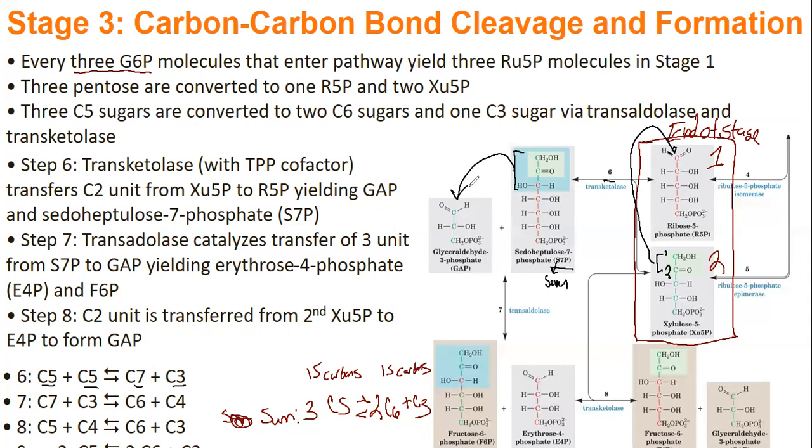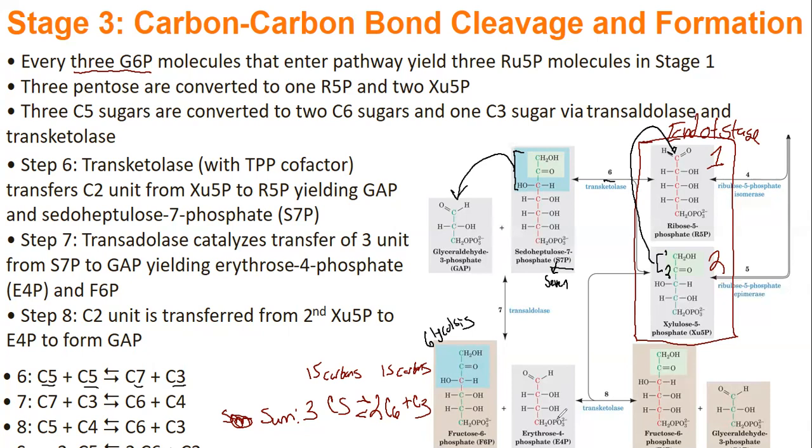When we do that, we make our friend fructose 6-phosphate, which is also used in glycolysis. And what's left from our sedoheptulose is just a 4-carbon compound with a phosphate on it. This is E4P, or erythrose 4-phosphate. So E4P is easier to say for sure.